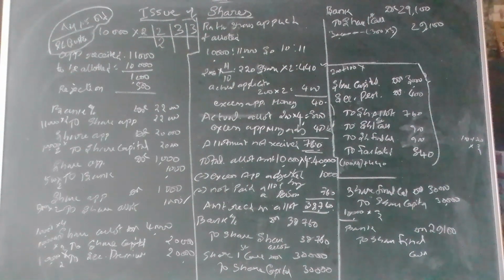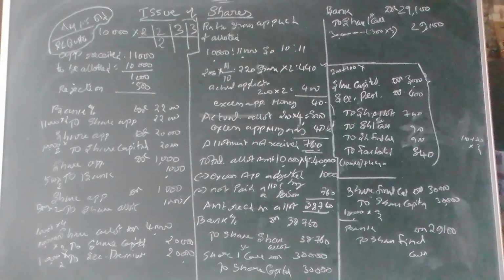And in the question it is given that 200 shares' allotment price is not paid. Please mind it carefully. When the allotment price is not paid for a particular type of shares, then we have to calculate how many shares applied and how many shares allotted. That we have to see.